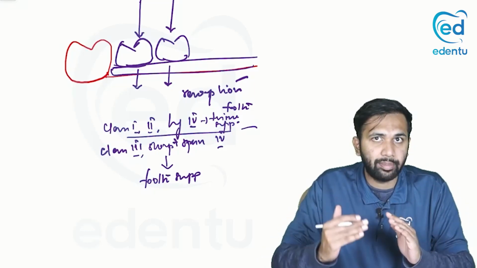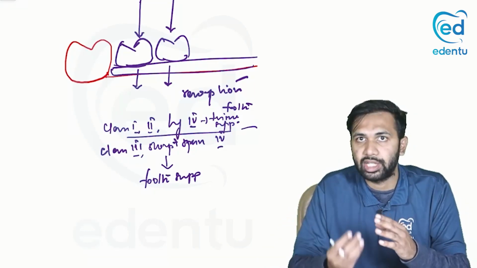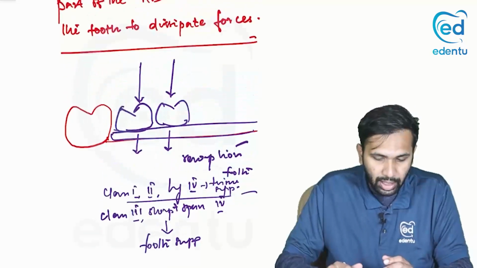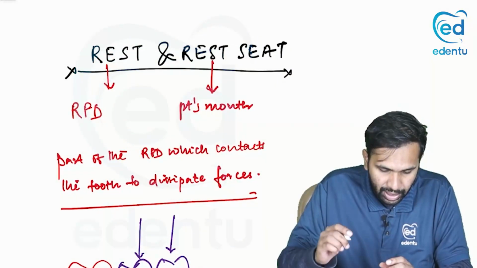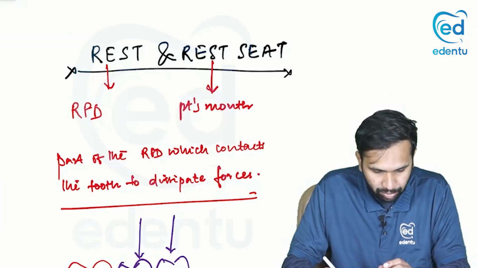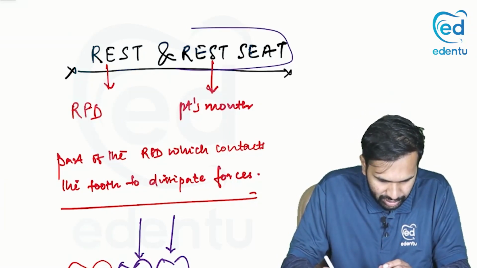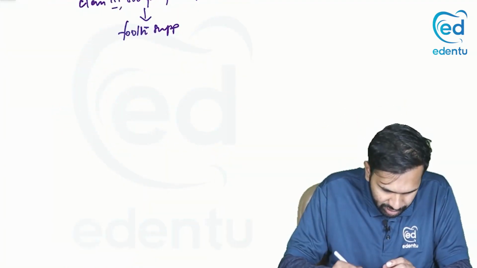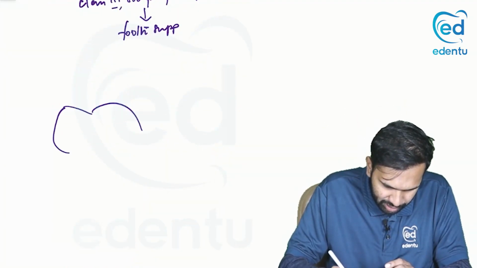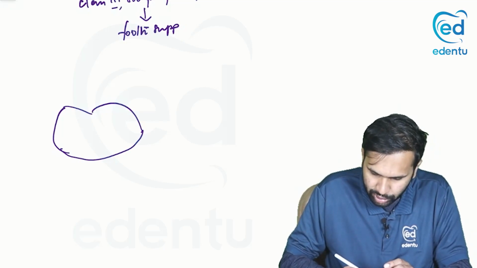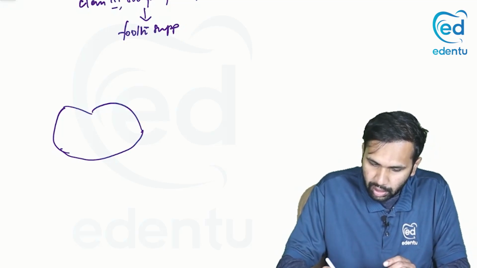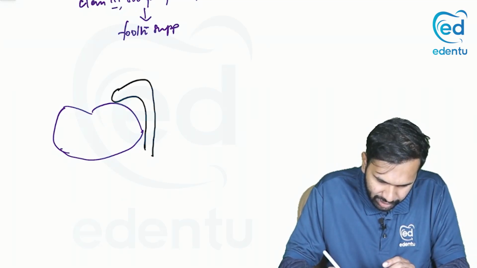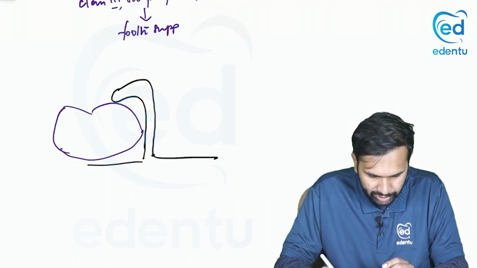And that part of the RPD which serves this purpose, which transfers some forces to the abutment tooth, is called a rest. And the place where the rest sits in the patient's mouth is called the rest seat. Just imagine this is the abutment tooth, and this is your rest, which is connected by the minor connector to the major connector like this.